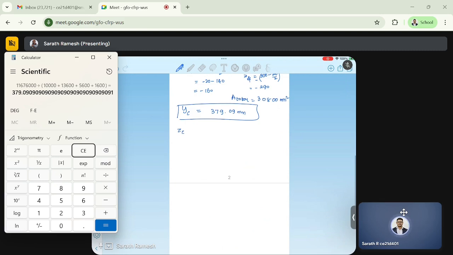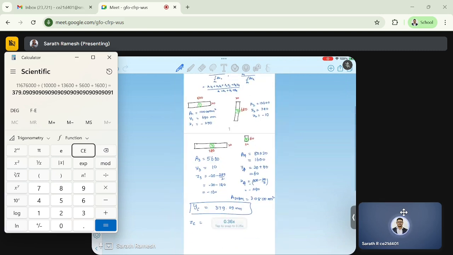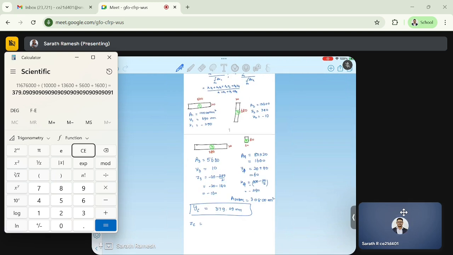ZC will be, again I have to multiply everything. Let's do A1, 10,000 times 250.